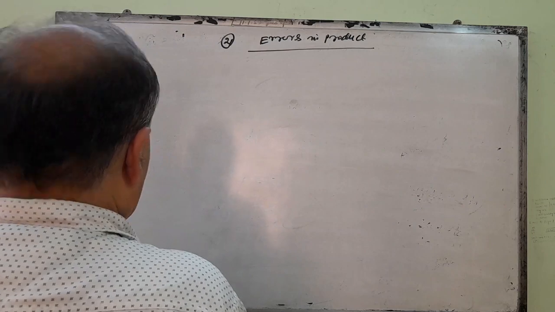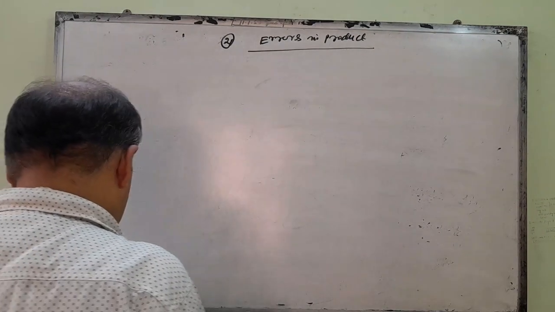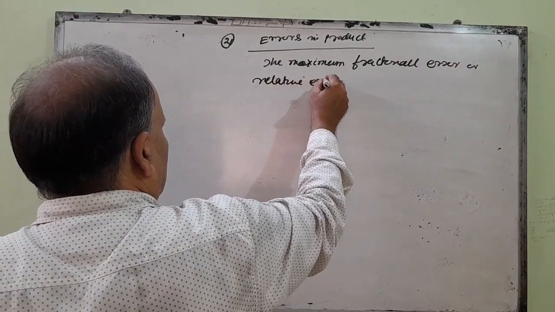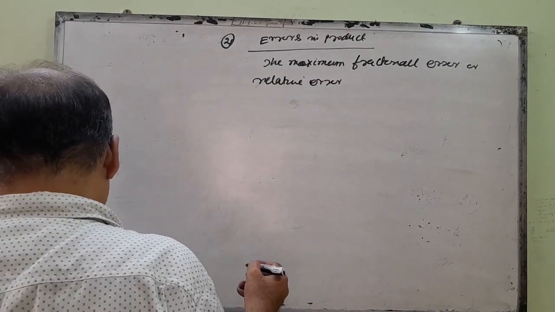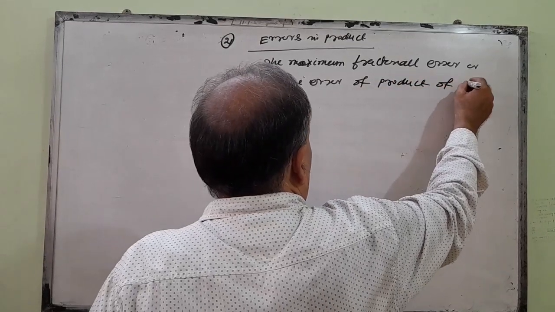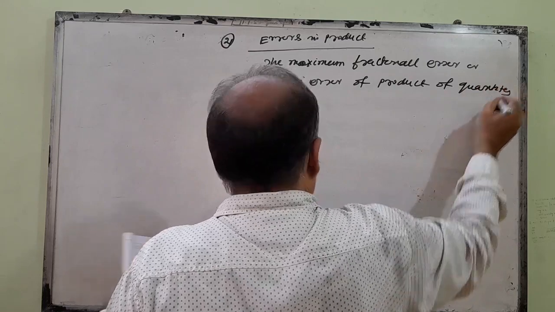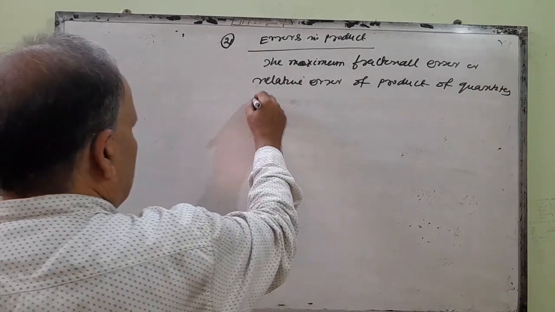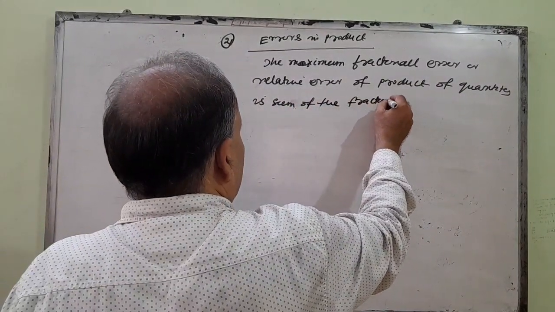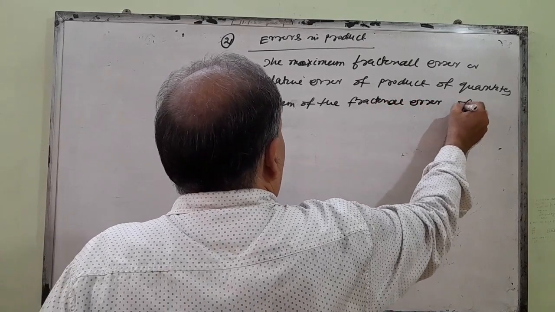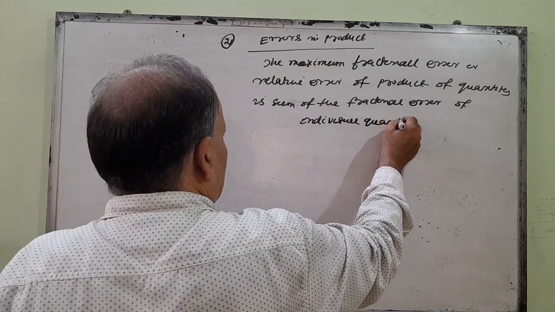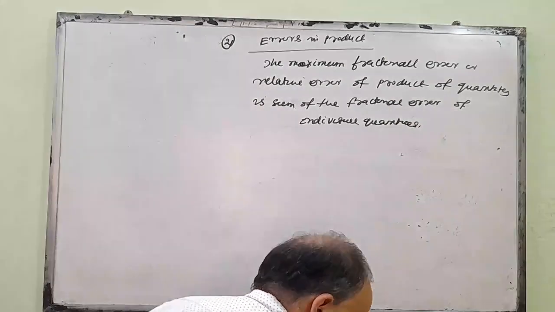Suppose the maximum fractional error or relative error of the product of quantities is the sum of the fractional errors of the individual quantities. How can you show it?